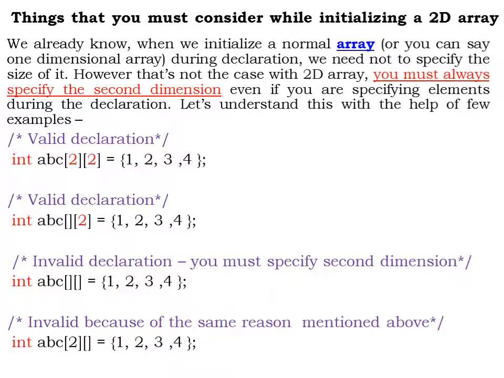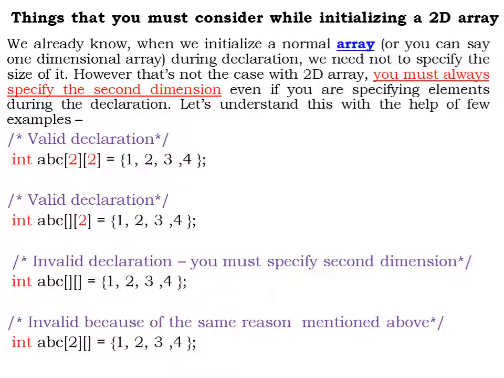A few things that you must consider while initializing a two-dimensional array. We already know that when we initialize a normal array, which you can see as a one-dimensional array, during declaration we need not specify the size of it. However, that's not the case with a two-dimensional array.